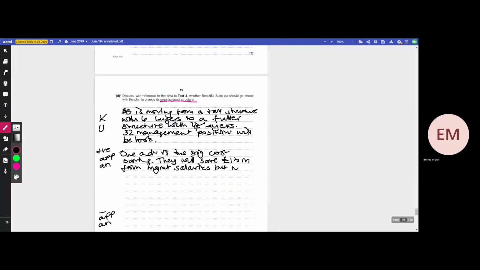They need to pay redundancy and for 10 extra supervisors, so a net saving of 0.8 million, which will help raise their net profit.